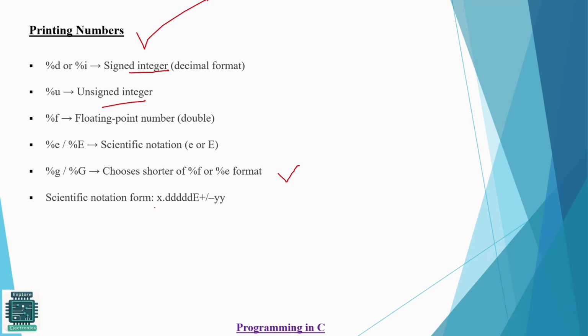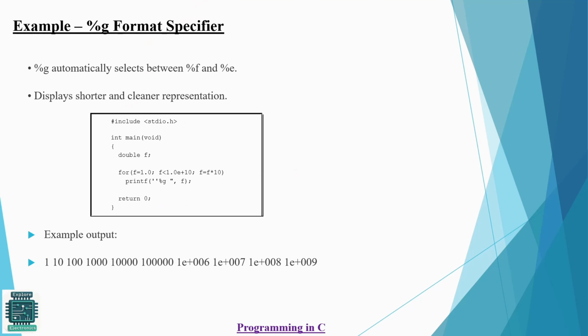Here is the scientific notation form also. You can take down this. Percentage g automatically selects between percentage f and percentage e, and it displays the shorter representation. Firstly, what is it in C?